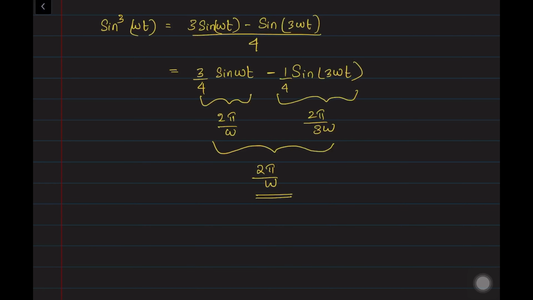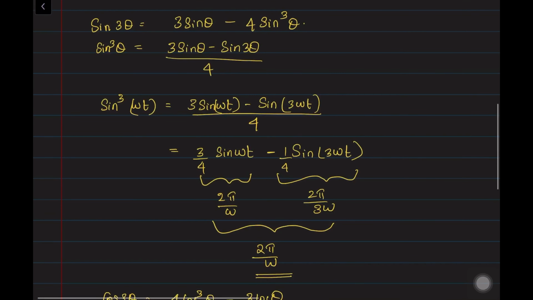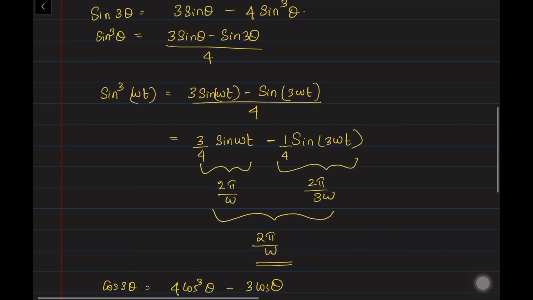For that, what you only should know is the trigonometric identity cos 3 theta. What is cos 3 theta? It is 4 cos cube theta minus 3 cos theta. Previously, the trigonometric identity of sin 3 theta we studied as 3 sin theta minus 4 sin cube theta.